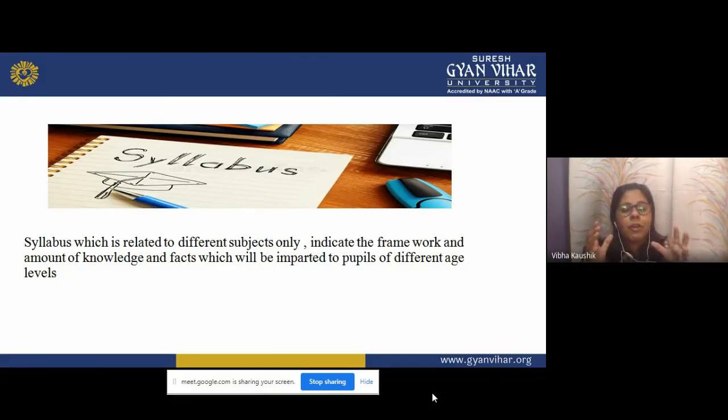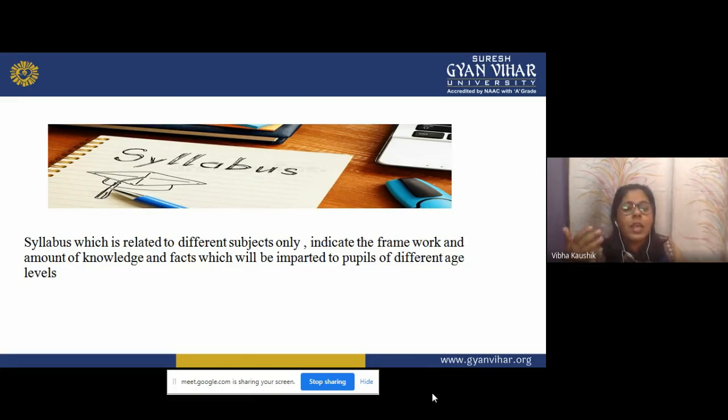That framework means this syllabus will be for the primary section students who are studying English, or this will be the syllabus for higher secondary students who are studying English.